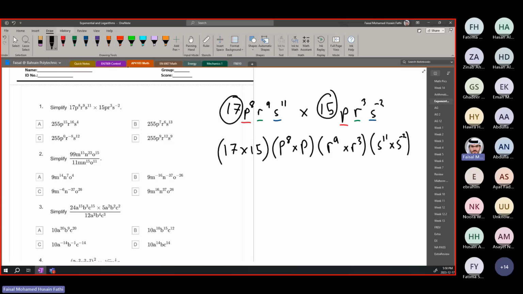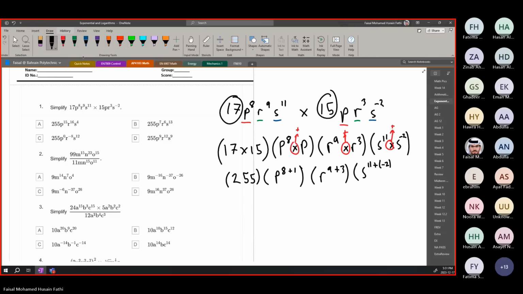You can simplify all of this now. You should all know how to do this. 17 times 15, you're just going to put it in the calculator. 255. P to the power of 8 plus 1, because we have multiplication. This becomes addition, for all of these, for the exponents, obviously. R to the power of 9 plus 3. S to the power of 11 plus minus 2.